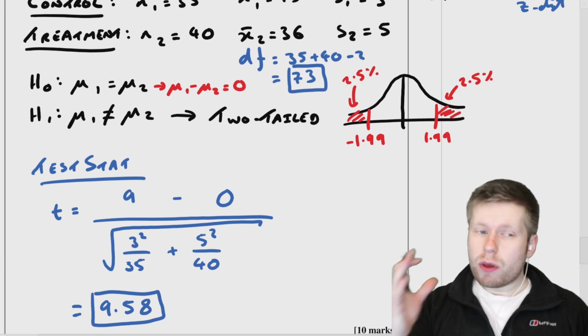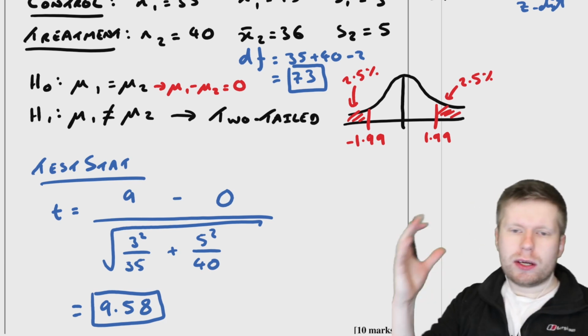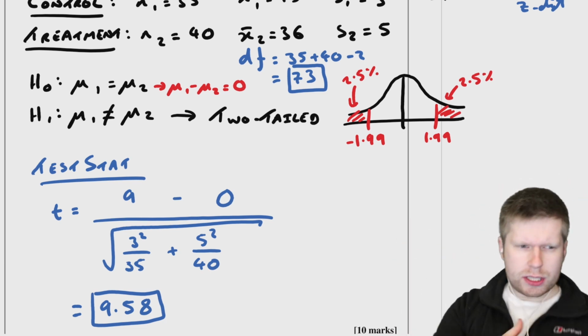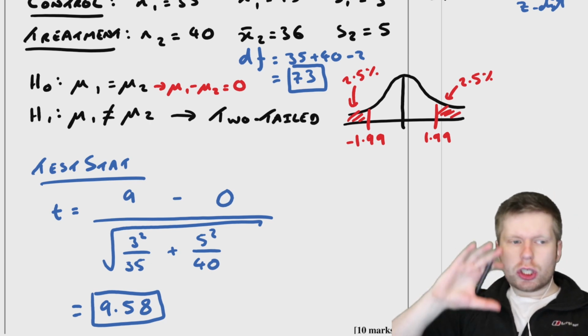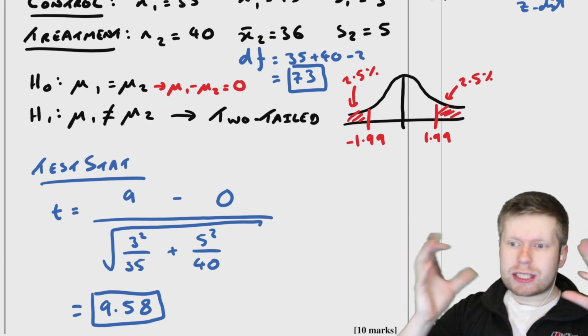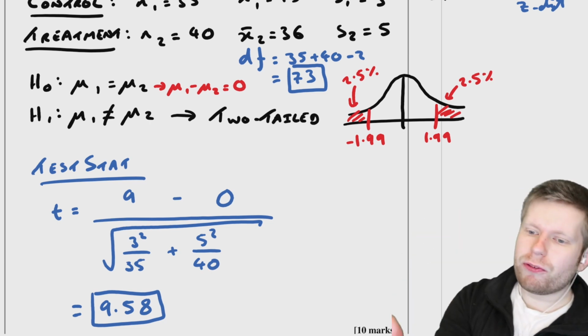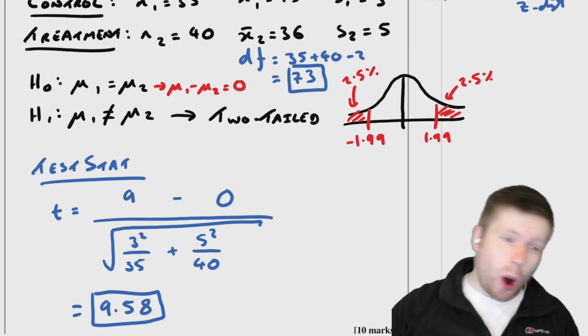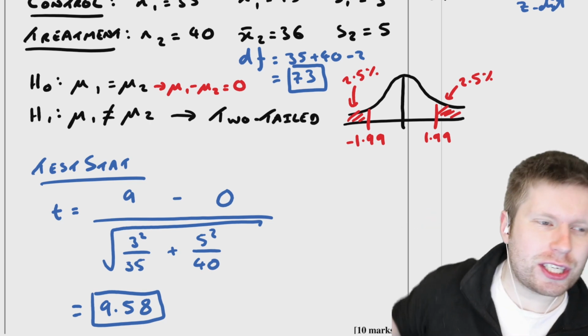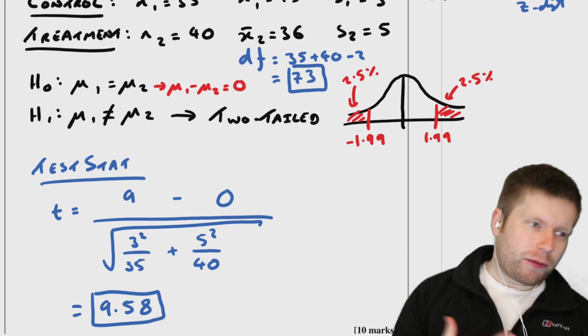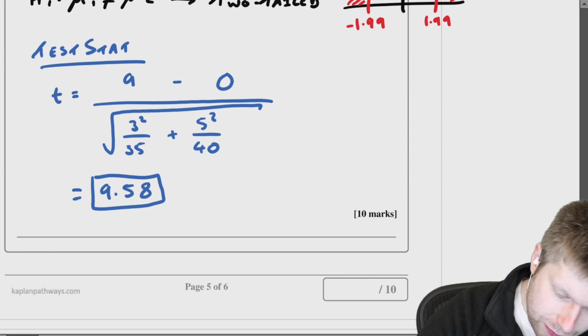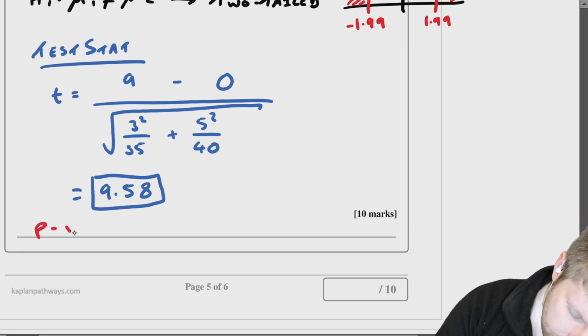Given that pretty much every value, certainly on a Z curve and also for a T curve to a certain extent, should lie within about 3.5 units of standard deviation each side of the hypothesized difference in the means, 9.58 is well beyond that on my curve. So if I think about a p-value, I can actually just infer it here.